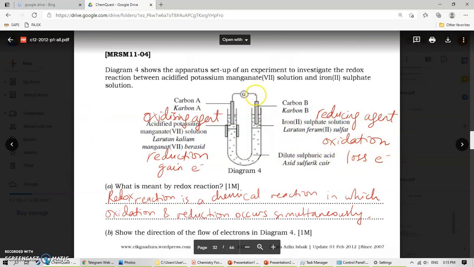So electron flows out from carbon B, and it flows into carbon A. And at carbon A, the oxidizing agent, which is the acidified potassium manganate 7 solution, will gain electrons. So when you show on the diagram, please draw the arrow on the wire itself because electrons flow on the wires.